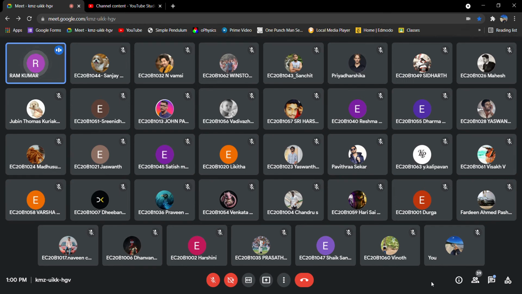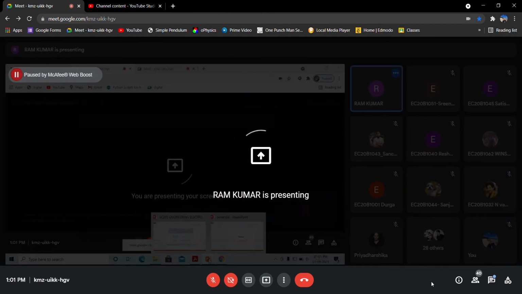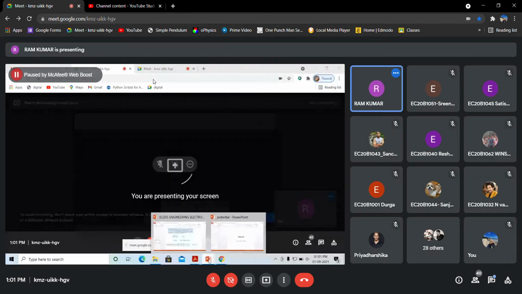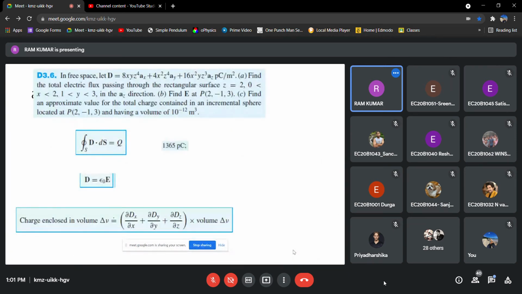I give the formula here, you just note down. So they're asking to find the total charge contained in an incremental sphere located at the point and having a volume of 10 power minus 12.